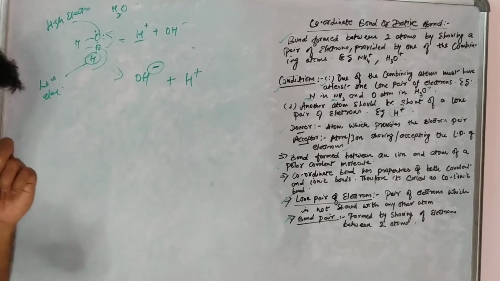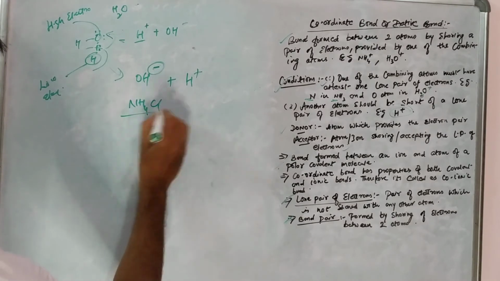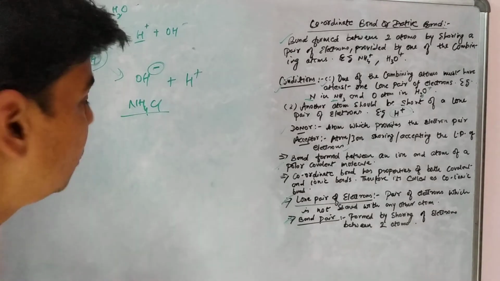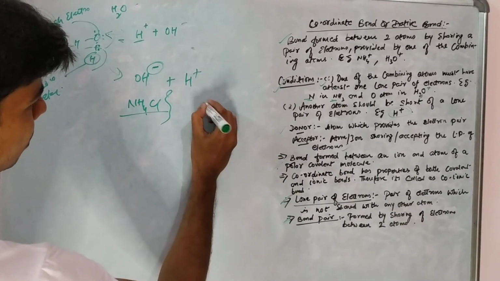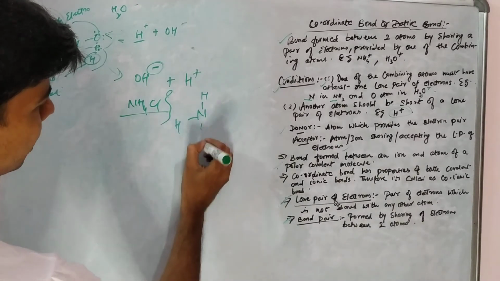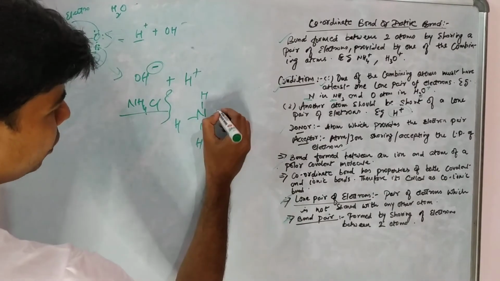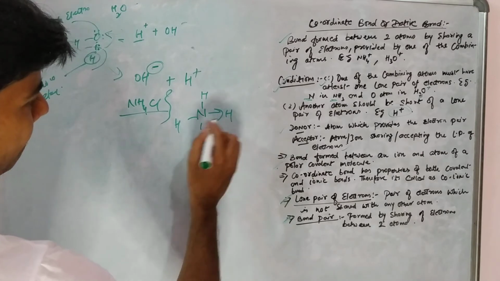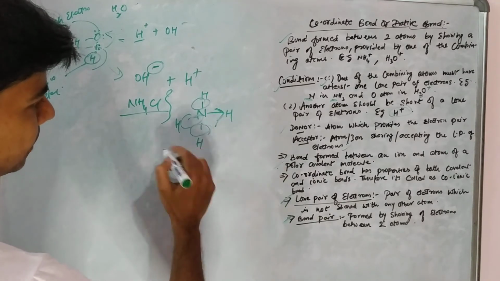There is one more thing. There was a question asked: how many bonds were involved in the ammonium chloride molecule? In the ammonium ion we have one coordinate bond and three covalent bonds, right?